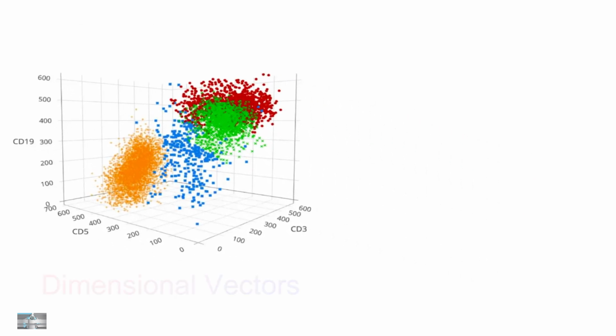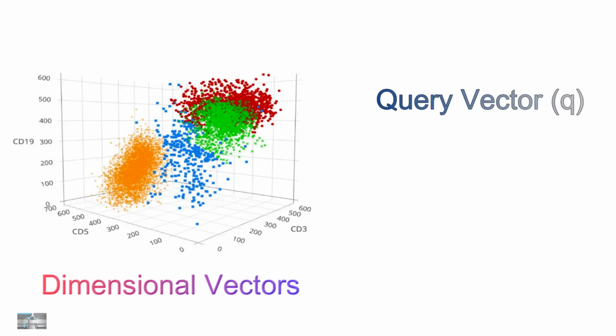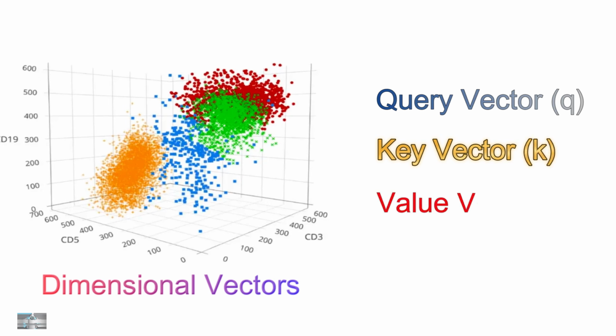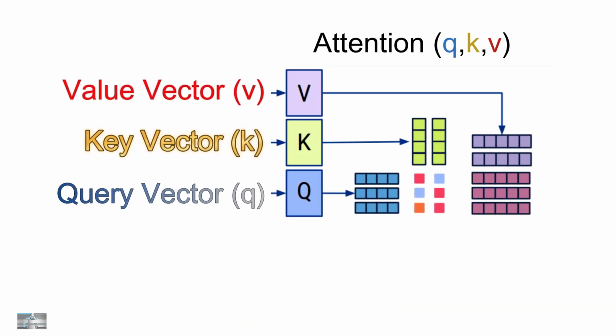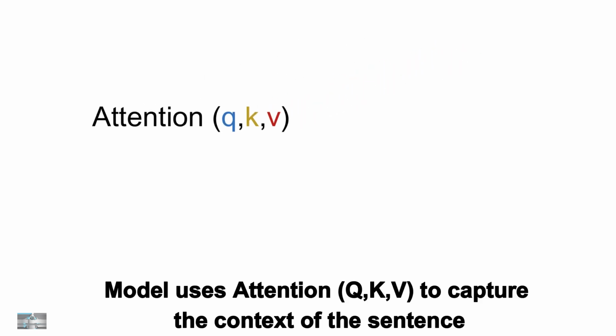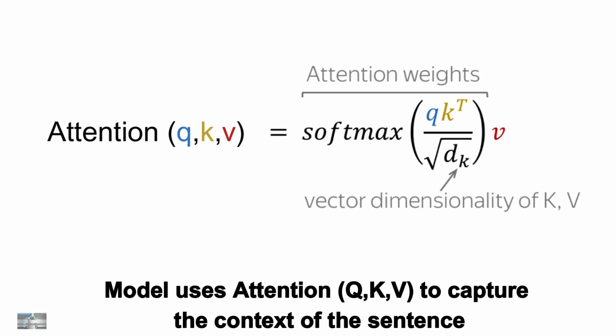Using all those dimensions, we are going to derive three further vectors, which are called a query vector, a key vector, and a value vector. So we need to compute all those values in this matrix, and that's how we will be able to get the context of this sentence.